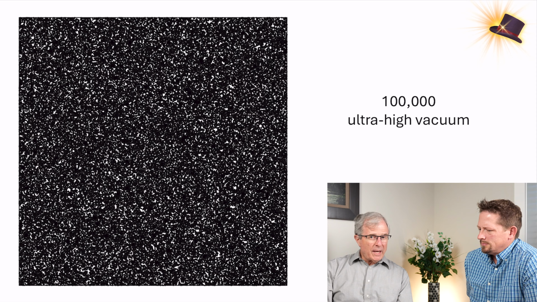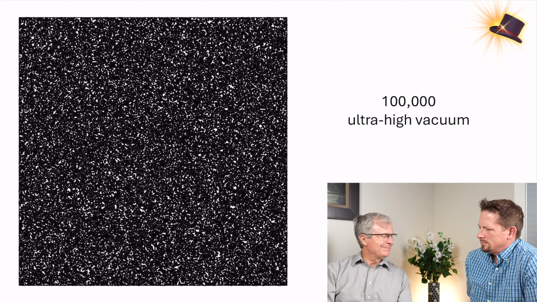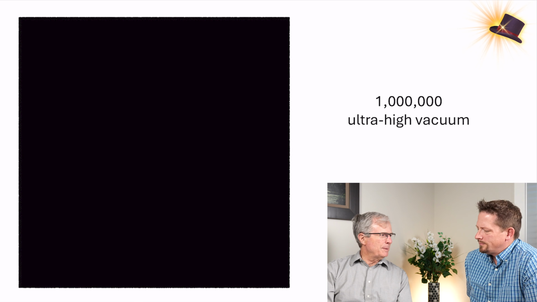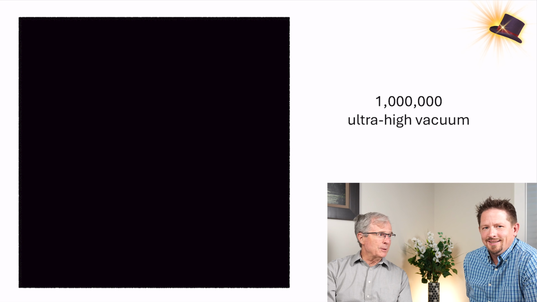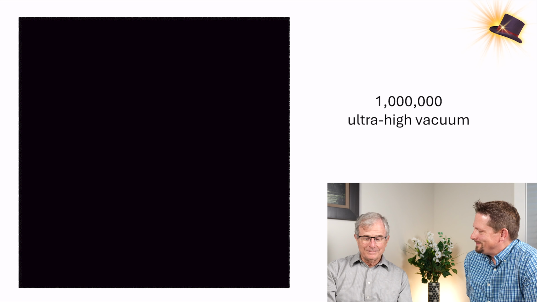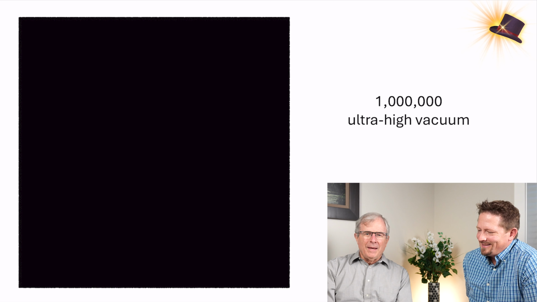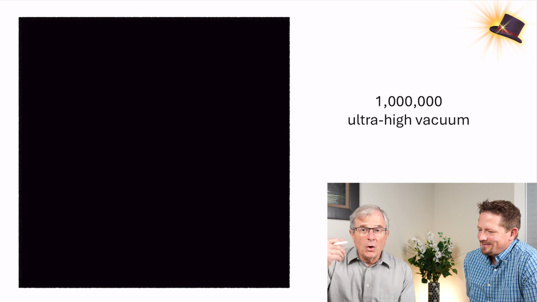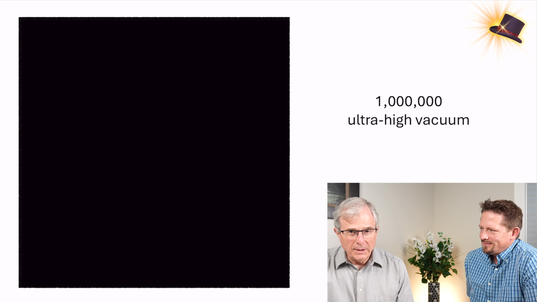An ultra-high vacuum on Earth, the highest practical vacuum you can achieve on Earth, is 100,000 particles per cubic centimeter. And also 1,000,000 particles per cubic centimeter. And that's ultra-high vacuum in the best laboratories on the Earth.